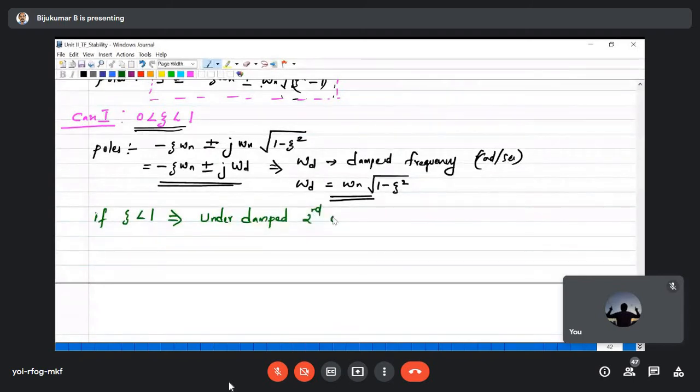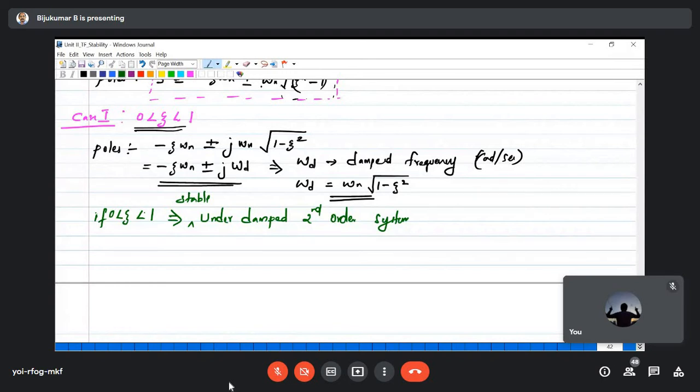And if it is between 0 and 1, we can call it a stable underdamped second order system, right? We already mentioned that if zeta is greater than 0, the system is stable. And if the value lies between 0 and 1, we call this kind of system an underdamped second order system. So from this analysis, what do you understand? For an underdamped system, what is the nature of the pole?